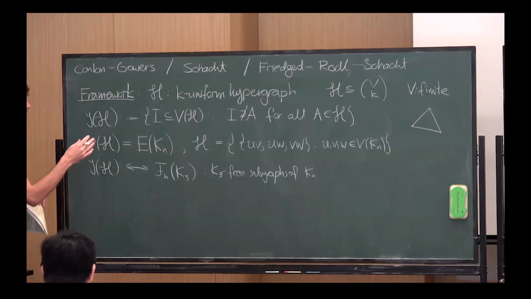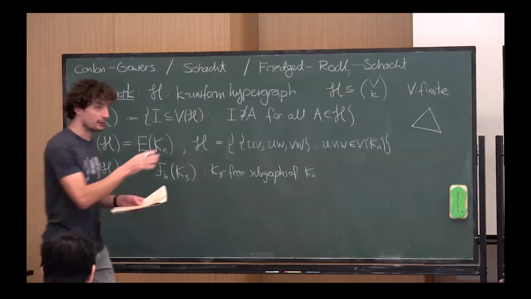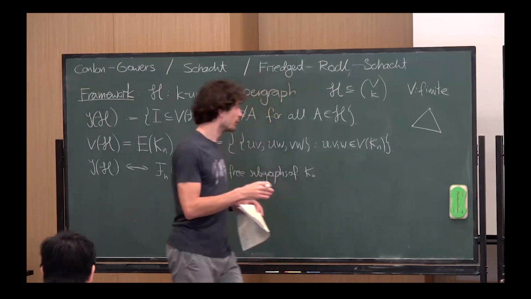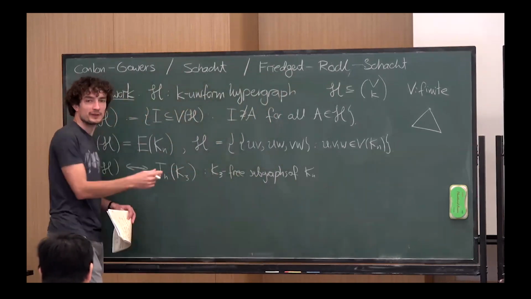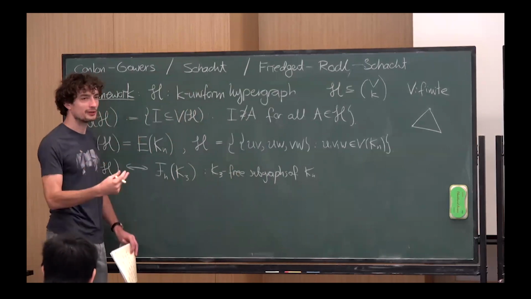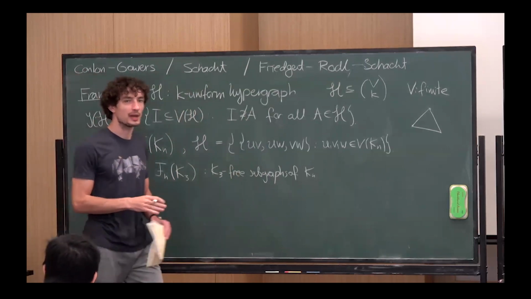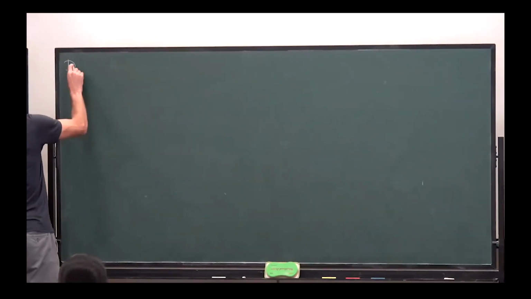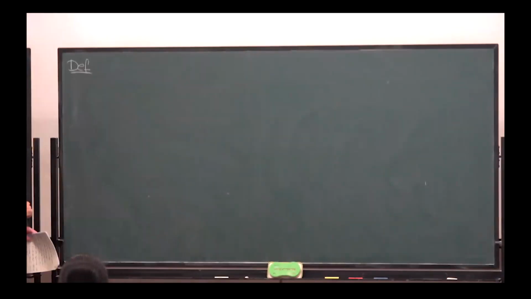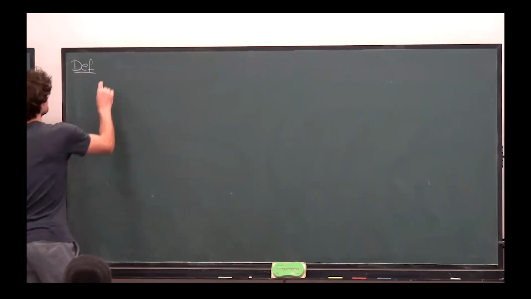And the sequence of degrees I will define here, because we will not speak only about degrees of hypervertices, but also degrees of pairs of hypervertices, triples of hypervertices, and so on. Let me define it formally.